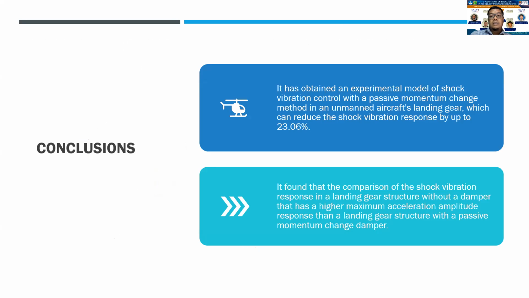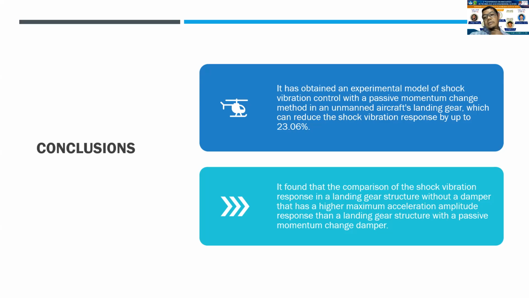The conclusion of the research: we obtained an experimental model of shock vibration control with the passive momentum exchange method in unmanned aircraft landing gear, which can reduce the shock vibration response by up to 23.06%.